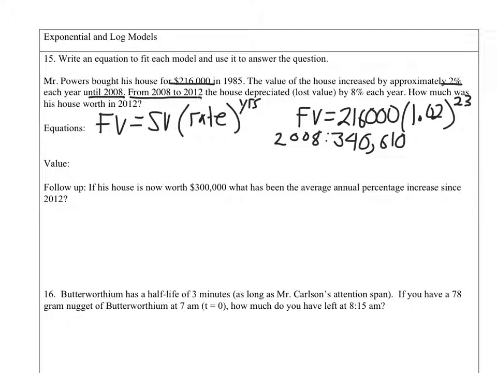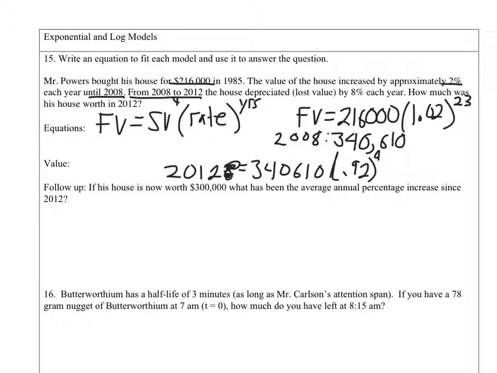Okay, from 2008 to 2012, that's 4 years. The house depreciated by 8% each year. So for 2012, we're looking at a starting value of 340,610 times 1 minus 0.08, which would be 0.92, and that's 4 years.